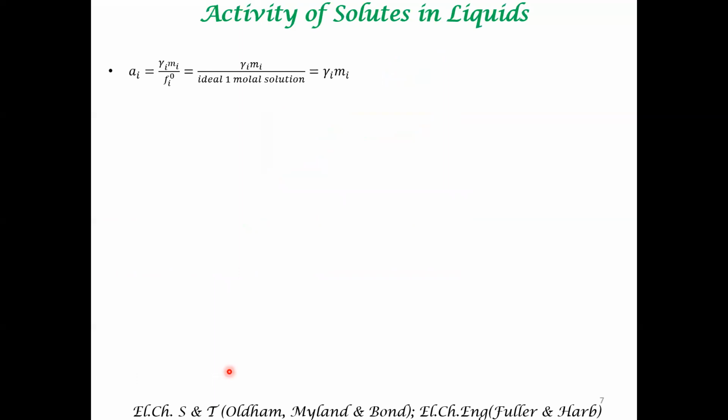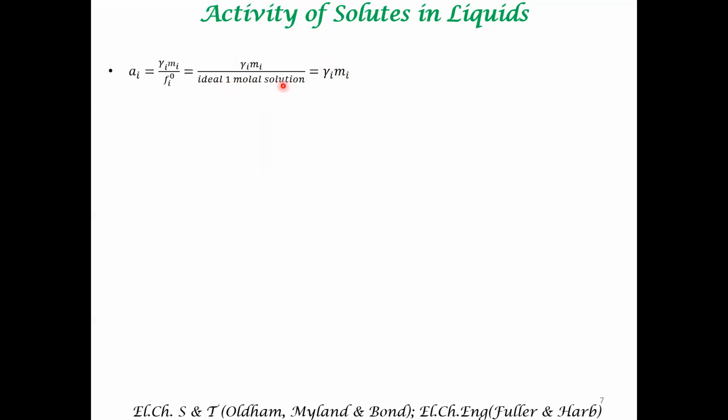Let's look into this in greater detail. So we said that the activity of that solute is given by this definition. The standard state for this definition is an ideal 1 molal solution. So we will take this to be 1, so this quantity will reduce to this quantity.